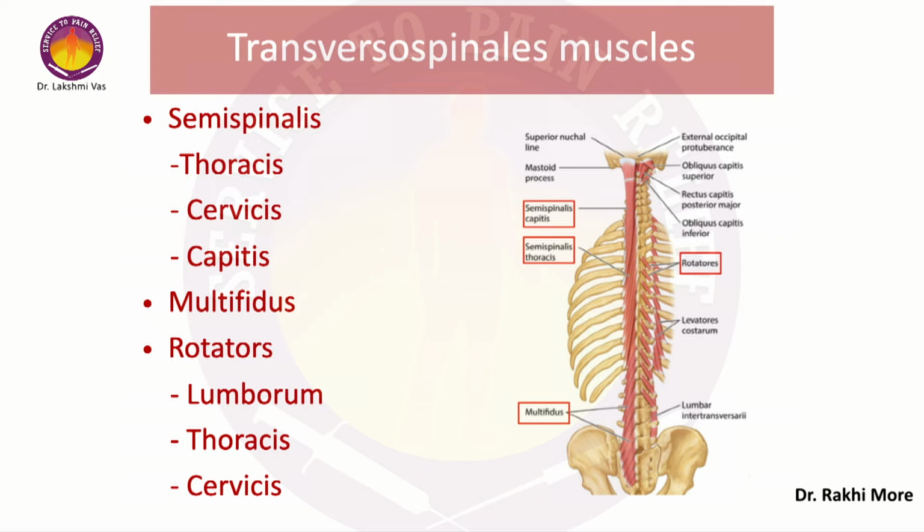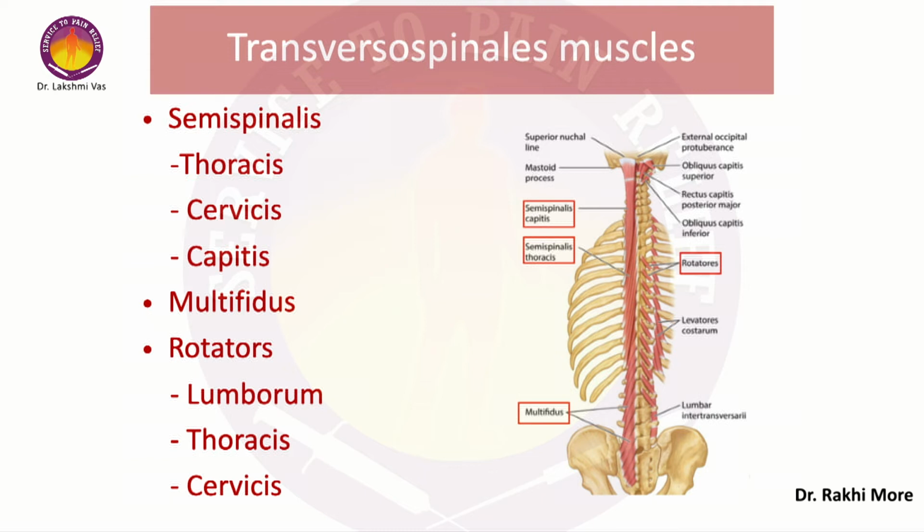These groups are divided according to their position from superficial to deep. So the semispinalis is most superficial in this group, then the multifidus, and the deepest is the rotators. The semispinalis again is divisible into the thoracis, cervicis and the capitis part, and the multifidus and the rotators are divisible into the lumborum, thoracis and the cervicis part.